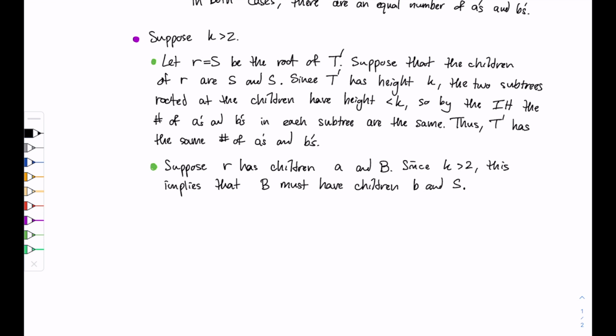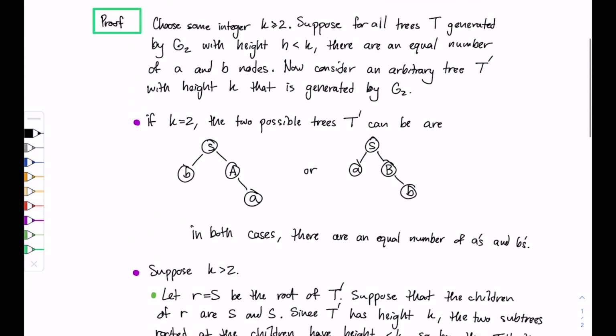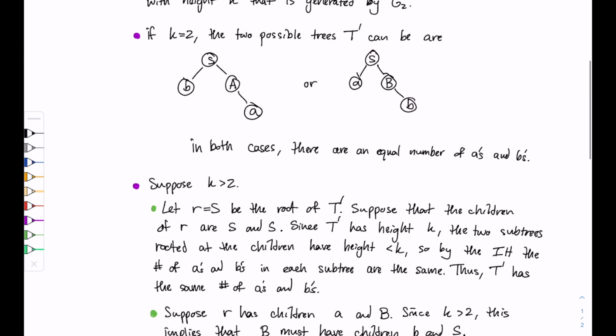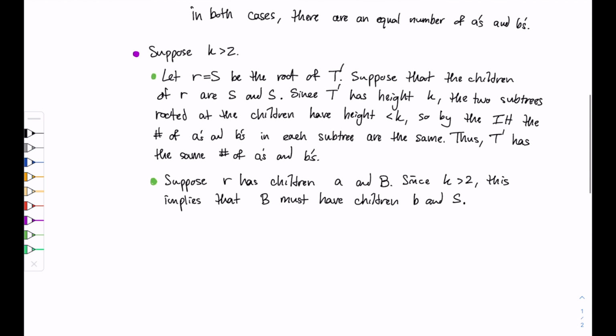Well, it's because if B had a child that's just lowercase b, which is this case here, this would correspond to one of these trees. In fact, it would be this one right here. And that tree has a height of exactly 2, but T prime in our case has to have height larger than 2. So B cannot just have the child b. So we know this must be true.